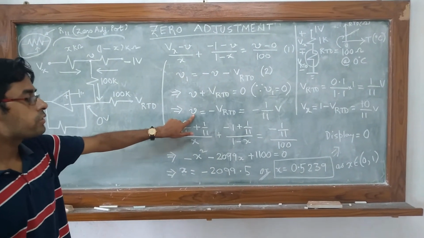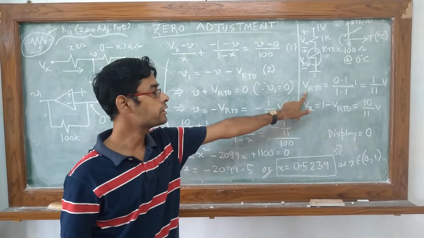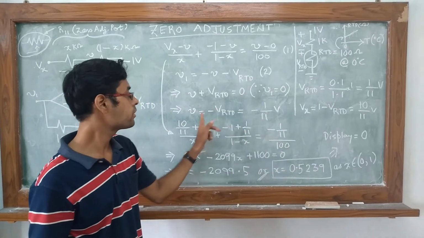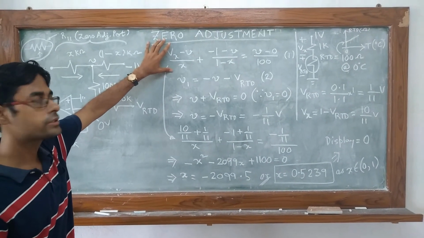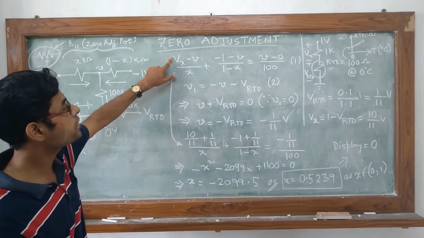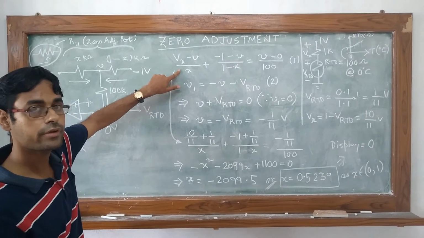So V is equal to negative of VRTD, and we have already found out what VRTD is, which gives 1 by 11 volts, so V is minus 1 by 11 volts. So with the first equation, we know the value of V, we know the value of Vx, and the only unknown is to find out the value of x.